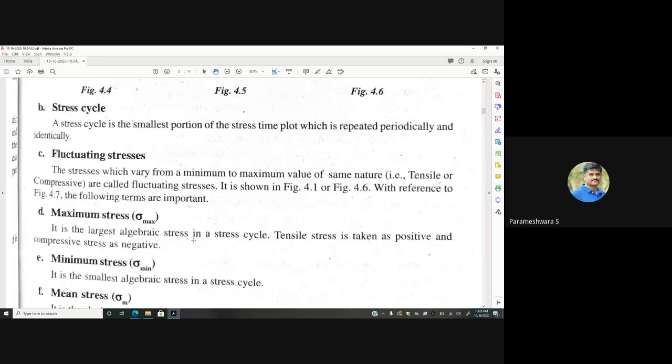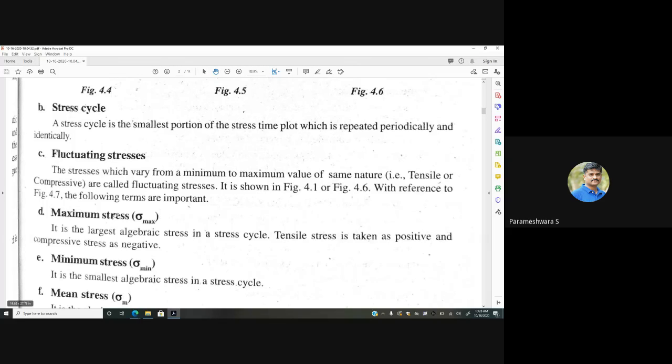Suppose I apply tensile load or compressive load, these are all fluctuating stresses, which have the same nature, minimum to maximum. That is being observed in figure 4.1.